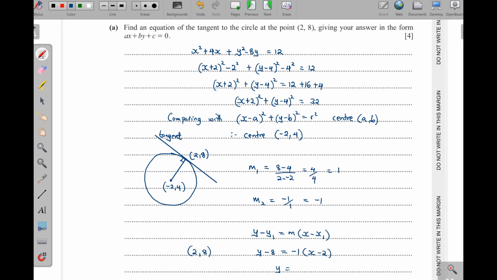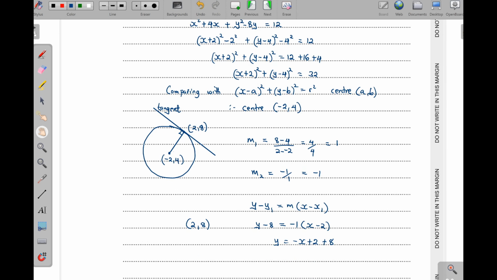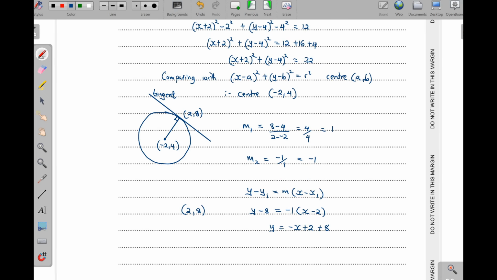So here we shall get -x plus 2. When this crosses, it's a plus, so plus 8. Finally, the equation of the tangent is y equals -x plus 10. You can see that the gradient of the tangent is negative and the line is slanting like that. So that is that.